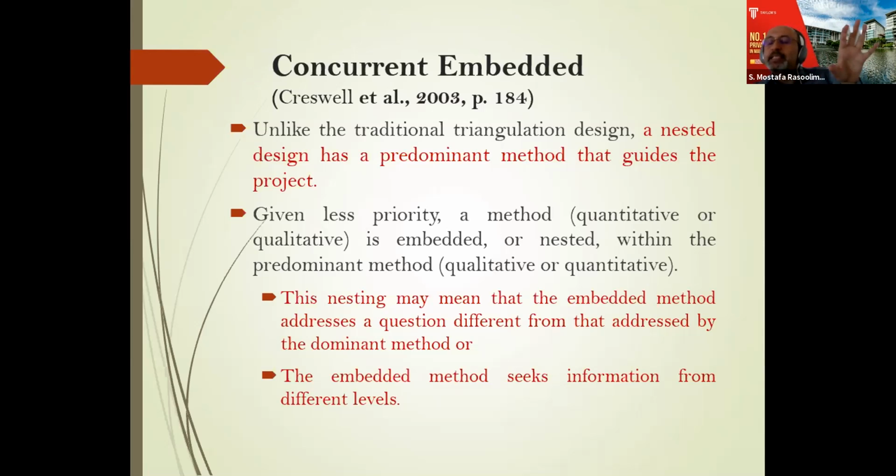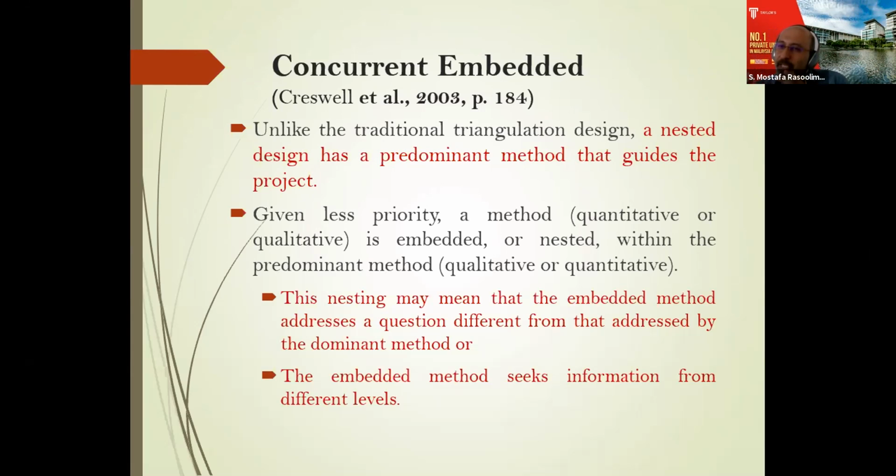So qualitative is not the most important for us. It's not supposed to add more things to our research, but still we would like to have their perception about customer behavior, right? So qualitative has lower priority in our research compared to quantitative.